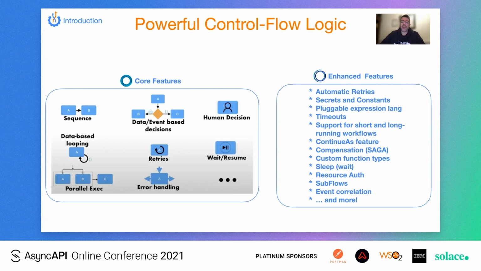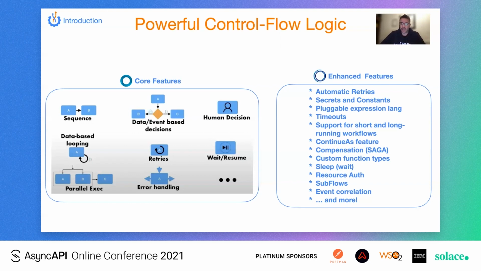On top of that, serverless workflow also provides a number of enhanced features. So for example, automatic retries: you can define that in case of errors in your function invocation, you want to automatically retry, given retry configurations that you provide through the DSL. You can hook in your secrets and constants and start using those, for example, as values of parameters you want to pass to function invocations.